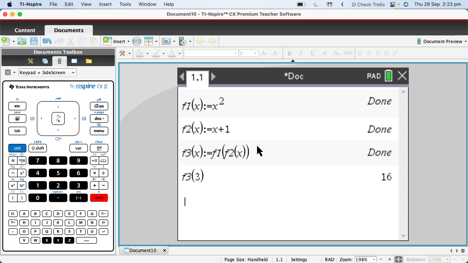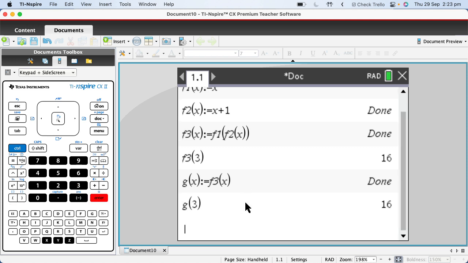You can use g of x, so I can go g of x is equal to f3 of x, and it becomes equal to, otherwise it won't work. And that's fine. I can go g of 3 and I get 16 as well. But I can't graph g of x. I can only graph f1 to f99. So I tend to just get used to changing them to f1s.